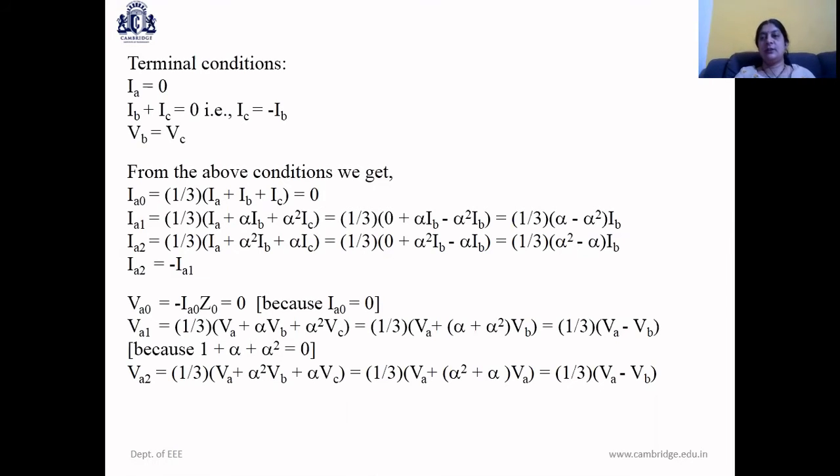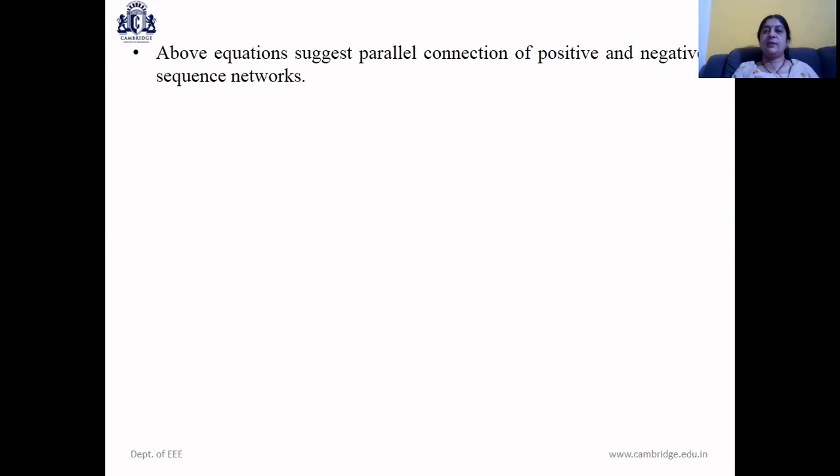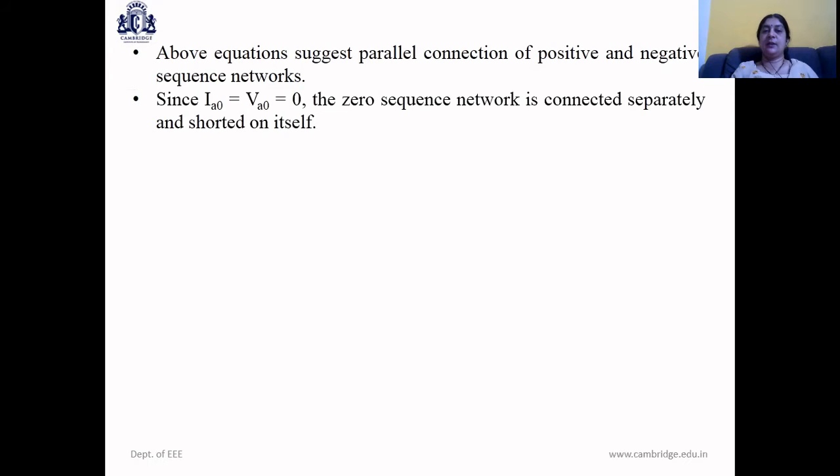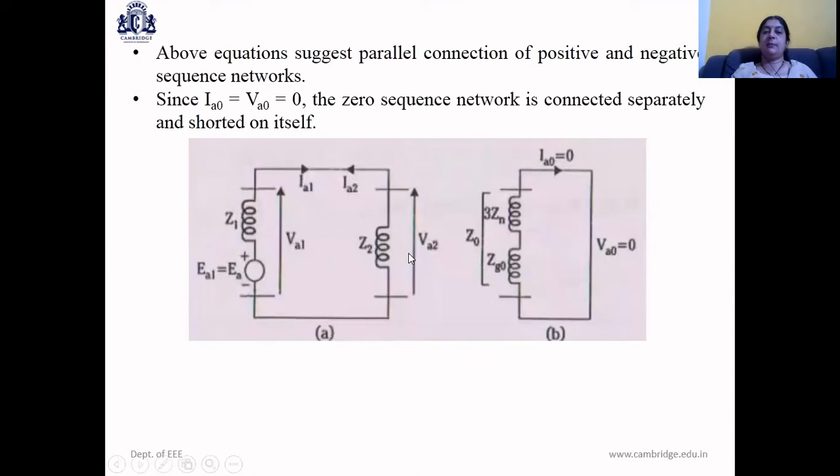So it is isolated and shorted on itself. So the above equations suggest that the positive sequence network and the negative sequence network have to be connected in parallel to one another, and the zero sequence network has to be separated and shorted on itself. Also, it is shown that IA1 is equal to minus IA2 or IA2 is equal to minus IA1. That means to say the currents that are flowing are in direct opposition to each other.